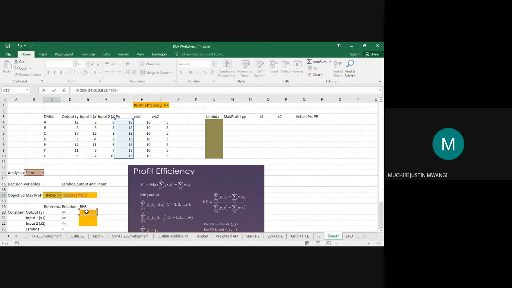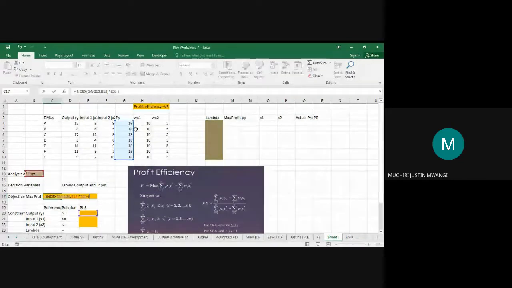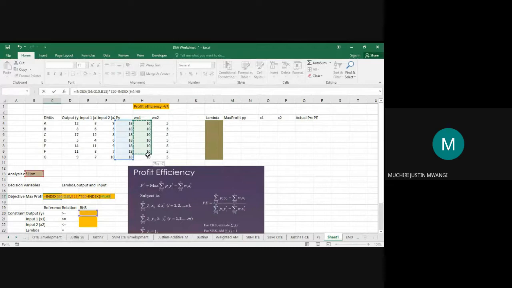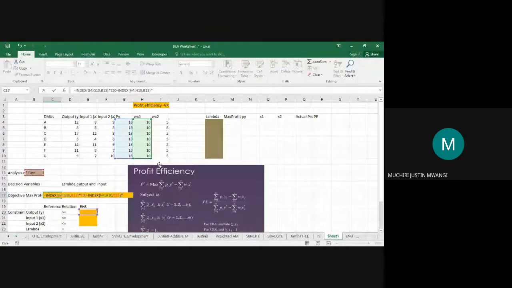So we subtract, we index again. This time we pick the first input. We reference the individual decision-making unit, and we multiply with the optimal input that we may use.